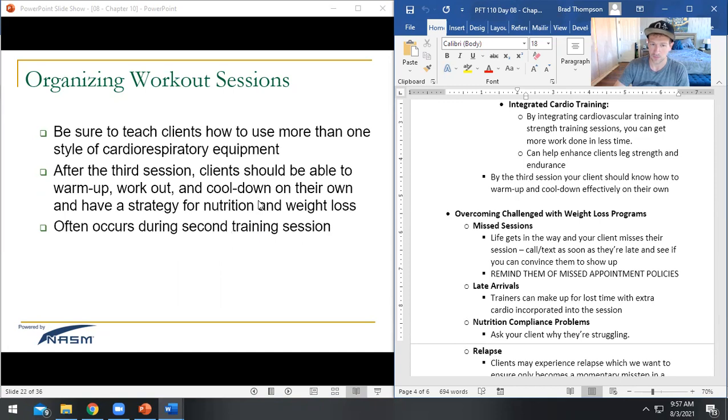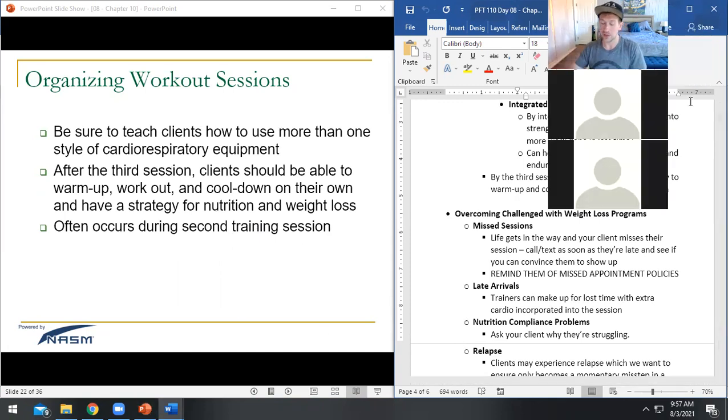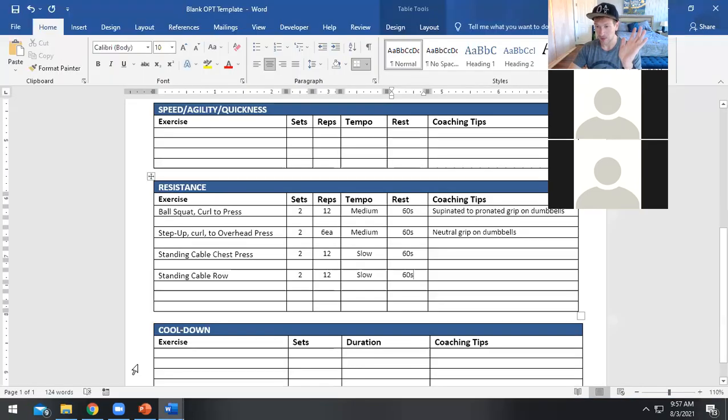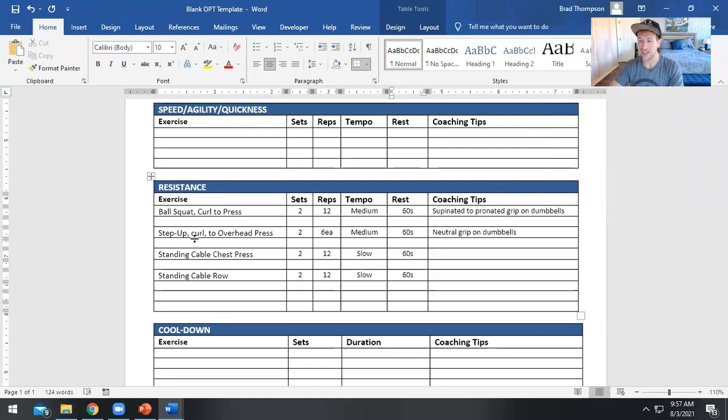So one of the ways that I like to do this, I love to pick exercises where I'm either near a piece of cardio equipment, or I like to bring a piece of cardio equipment with me wherever I am in the gym. So those little steps, those little risers, I will carry one of those around with me and have my client do that at the end of the set.